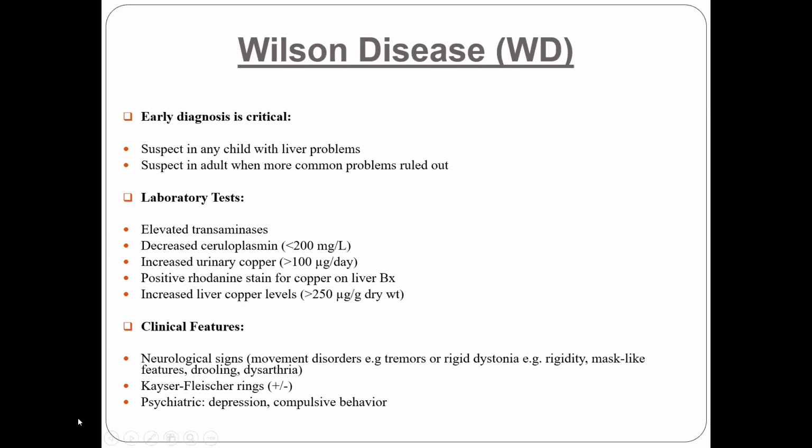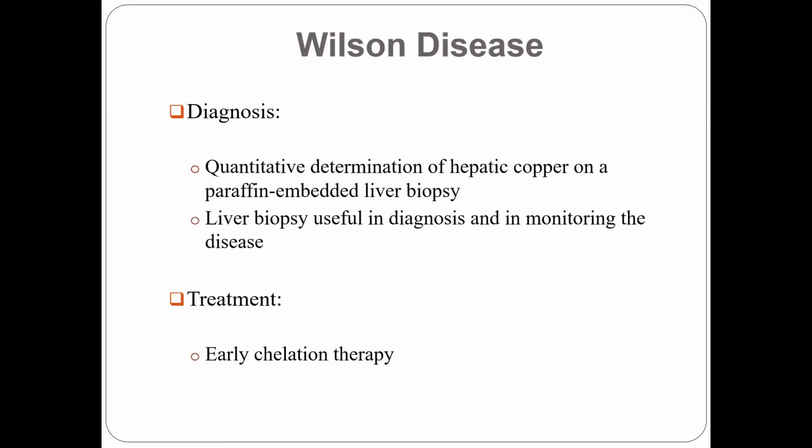Those amounts of copper are going to be accumulating in CNS regions, resulting in this kind of presentation. Kaiser-Fleischer rings, and you may also see some psychiatric presentation, including depression and compulsive behavior. Again, what is the diagnosis? That's going to be your dry liver weight of copper. Treatment, early chelation therapy.